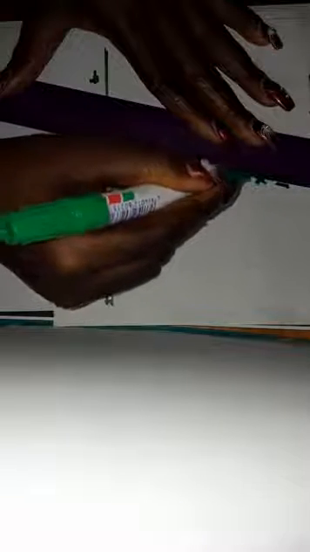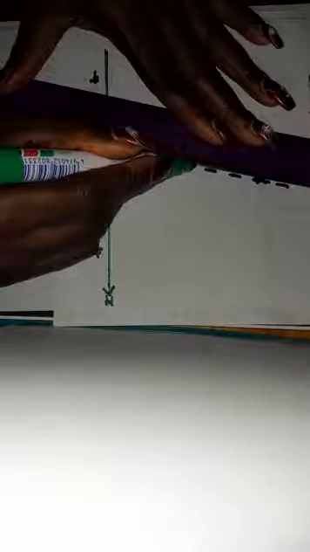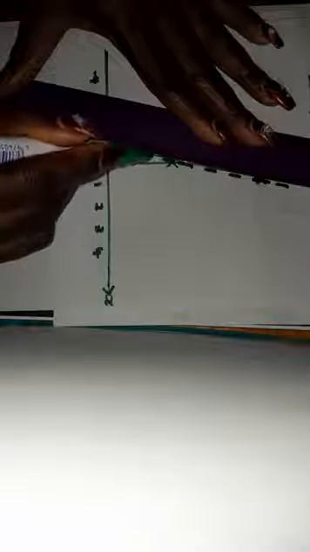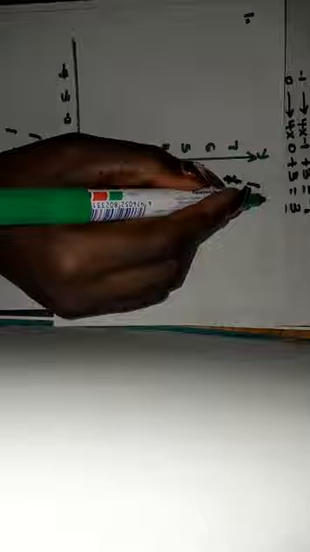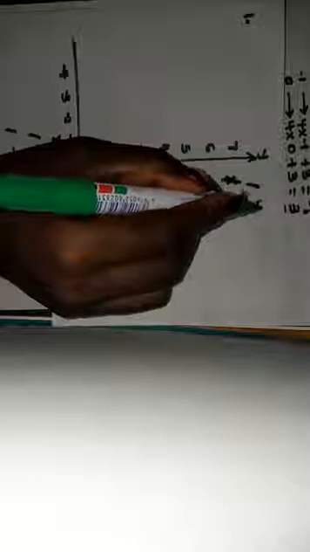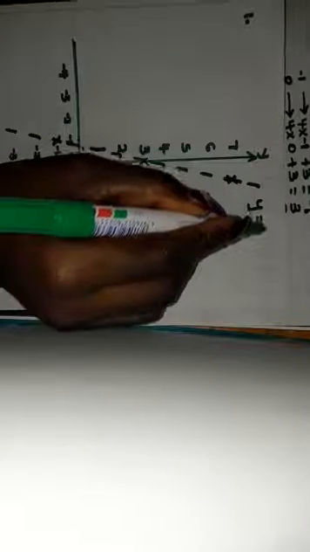This is the graph. It is a dotted graph. We name it using the equation.